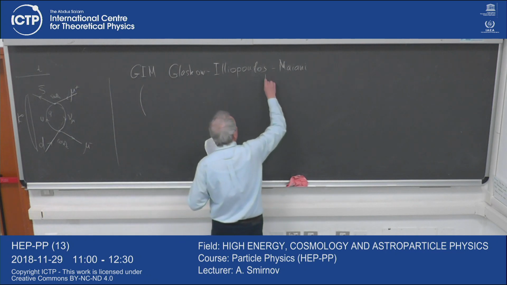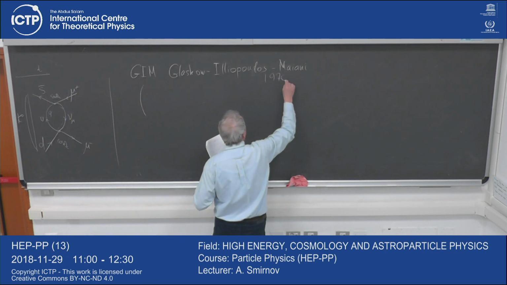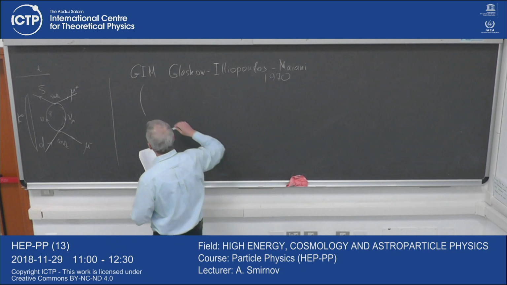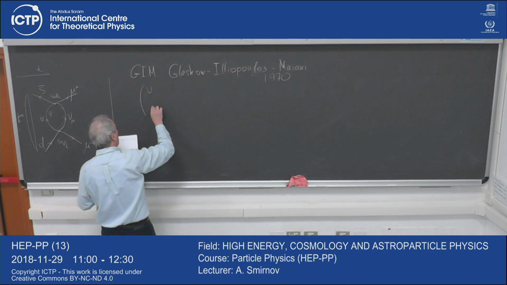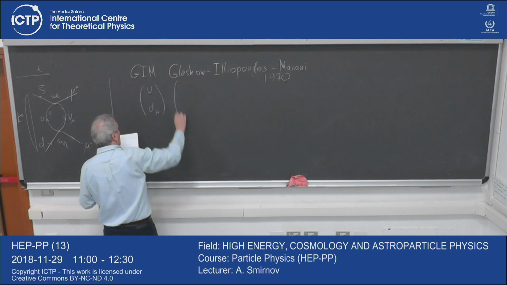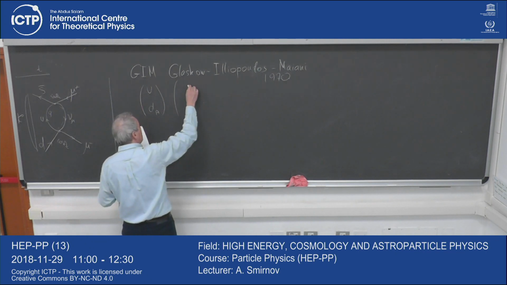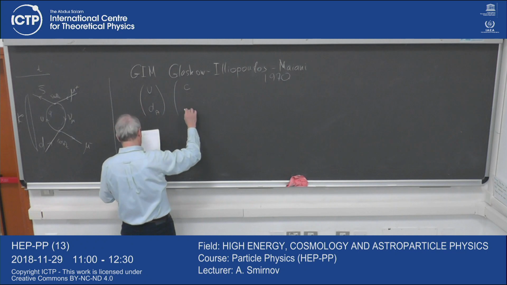So what they suggested in 1970 is the following: we have the u quark and the d theta, but let us introduce the charm quark and s theta.